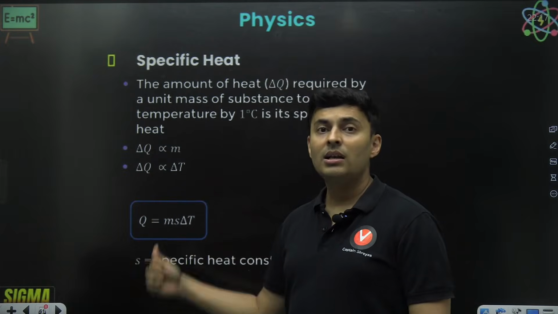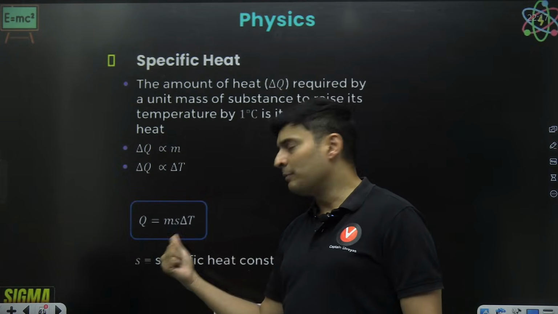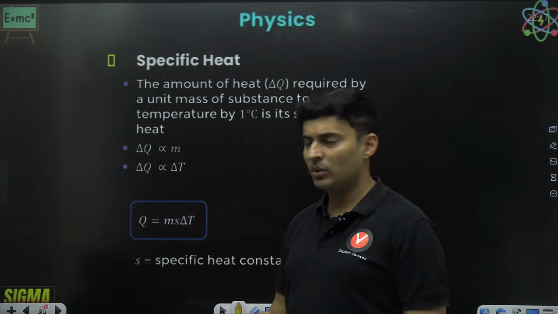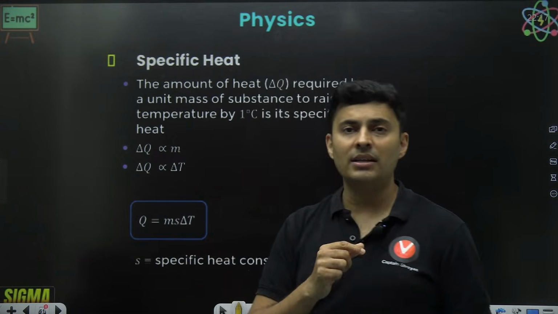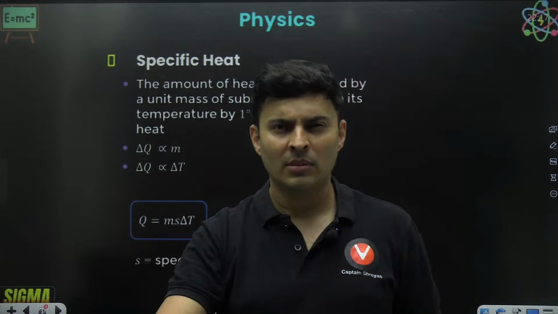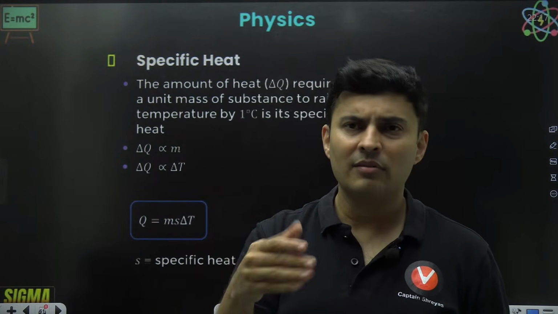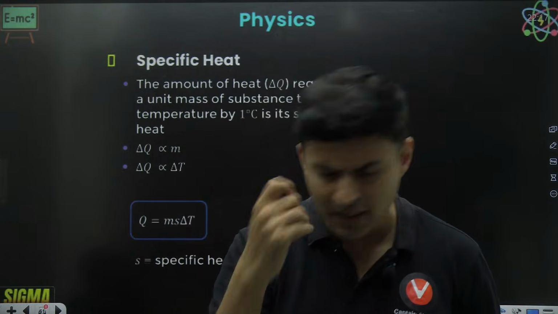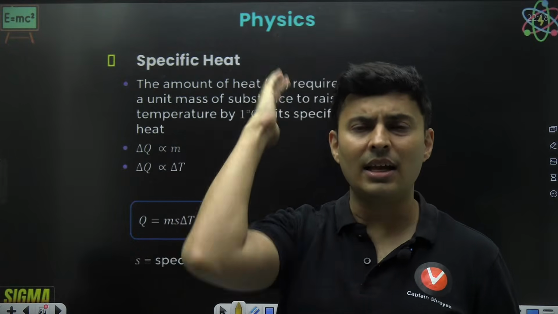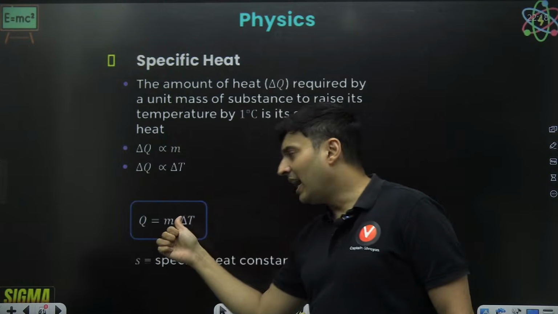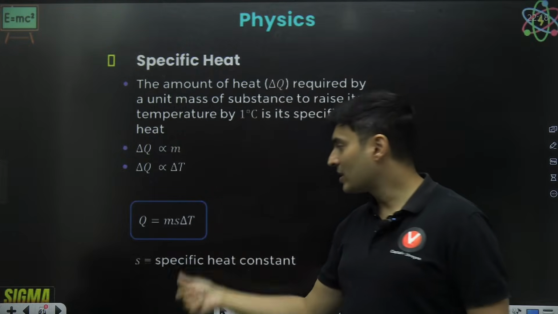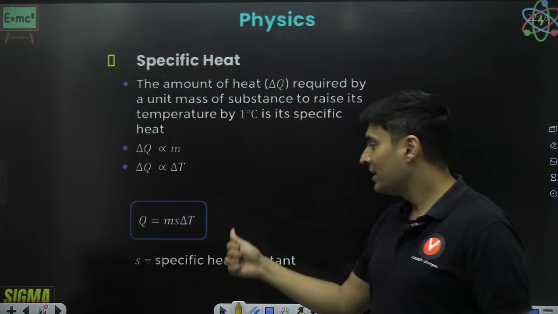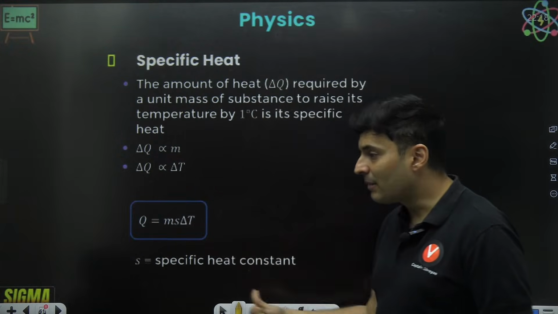By this formula, heat supplied or absorbed is the mass being heated or cooled, into change in temperature, into a constant of that matter, which is different for water, alcohol, carbon dioxide, iron, mercury, different for every single element and compound. That constant S is called specific heat capacity.